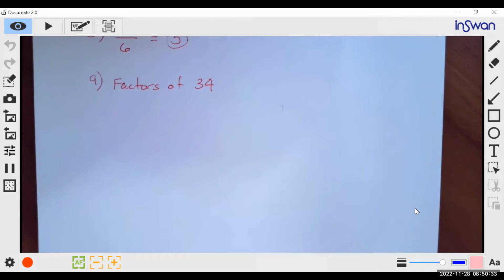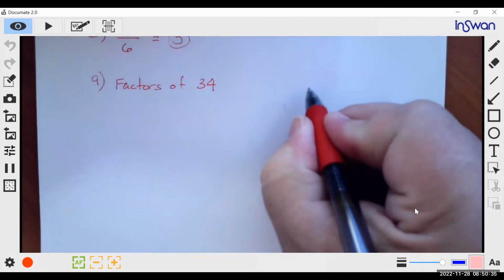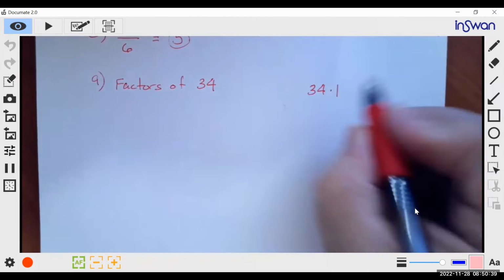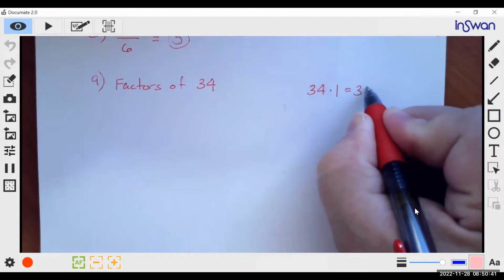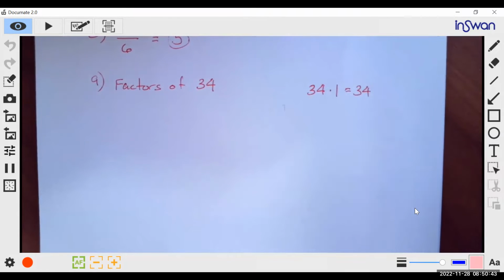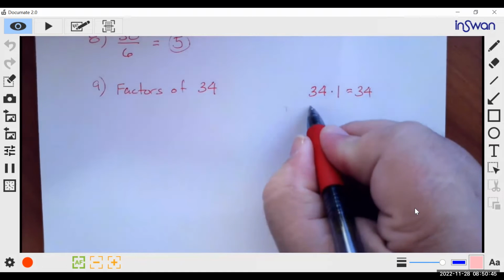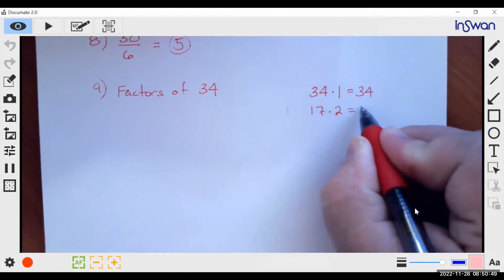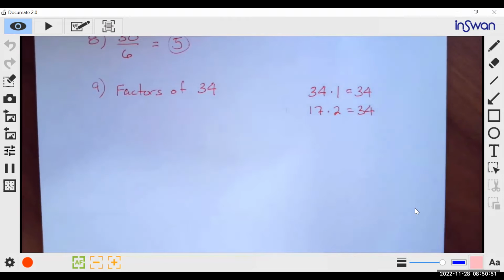The factors of 34, for example, are 34 times 1, 17 times 2, what else?